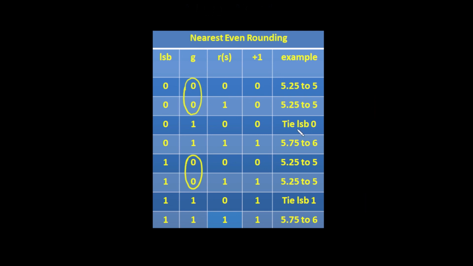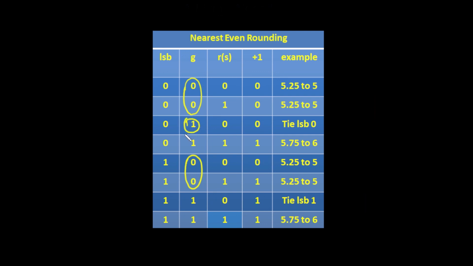So this is the 5.5 case. So we said that if we have a tie, then what we have to do is look at the least significant bit. If the least significant bit is even, then we just leave it. So in this case, the least significant bit is a 0, which is even. So we don't add 1, we just put the 0 on the output here. So that's going to cover this one here.